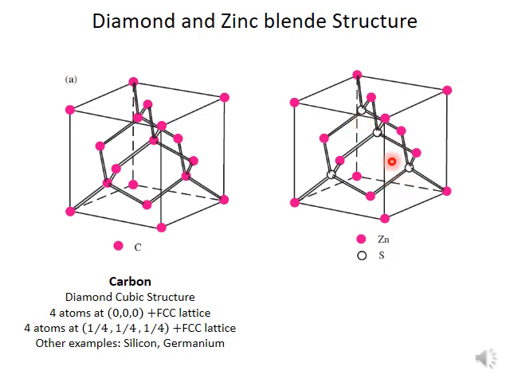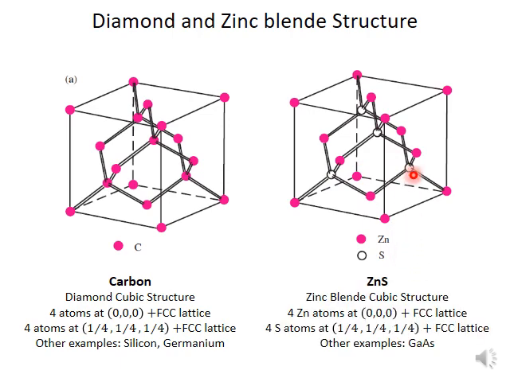In this case, the FCC is made by the zinc atom, and these extra four atoms are sulfur. So this is called a zinc blende structure, exactly like carbon. The only difference is that these extra four atoms are of a different species. Another important material which has a zinc blende-like structure is gallium arsenide, which is very important, for example, for optoelectronic devices like solid-state lasers.